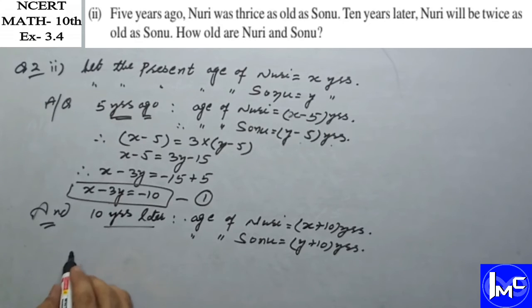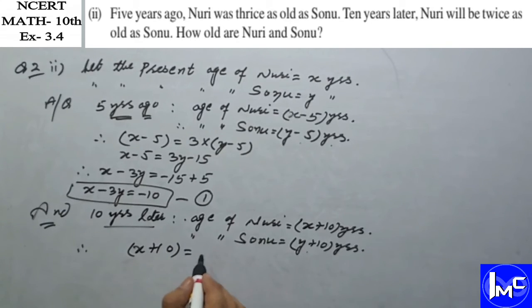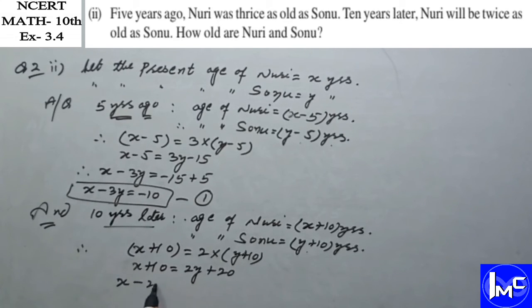And what is the relation? 10 years later Noori will be twice as old as Sonu. So x plus 10 will be 2 times the age of Sonu, and so x plus 10 is equal to 2y plus 20, and by simplifying, x minus 2y is equal to 20 minus 10. 10 will be shifted to this side, and so x minus 2y is equal to 10. That is our second equation.